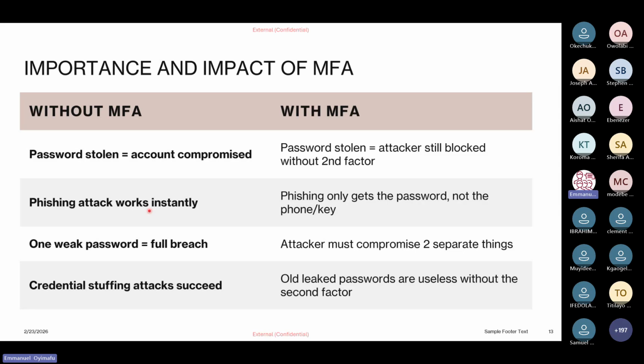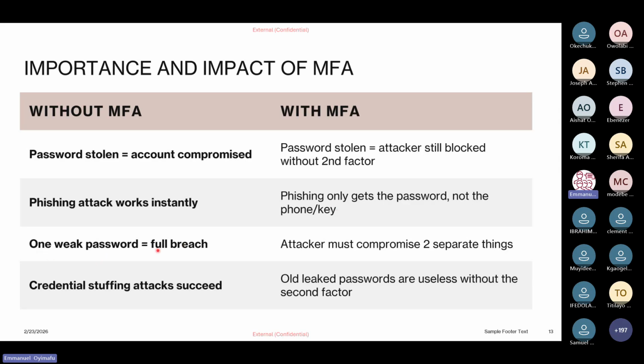But if MFA is configured, it's only the password that they get. They won't have access to your phone, so they won't be able to sign in. This is one of the shared responsibilities I talked about in the first class. Microsoft has their responsibility, and you as an administrator have your responsibility in configuring all these security practices in your organization to prevent phishing attacks.